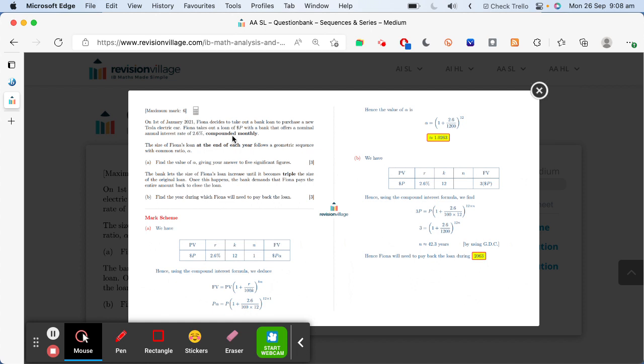It takes out a bank loan. It doesn't say how much. We know it's P dollars. We need to work that out. Compounded monthly. Yeah, maybe I should have actually looked at this a bit more carefully. Sorry, I should have read the question more carefully. I don't think we can do it.